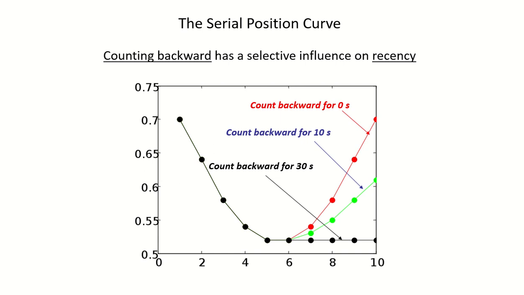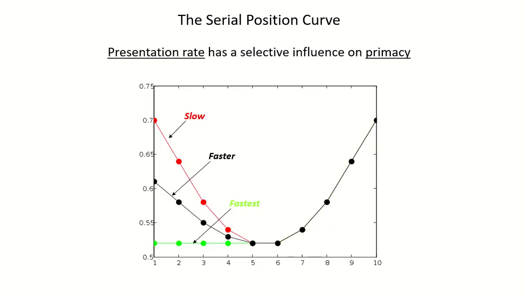Is there a way to selectively wipe out long-term memory? Yes, there is. So if you think about it, if you present the word list either slower or faster, if you present it slower, it would give people more time to repeat the words, making it more likely that they would make it to long-term memory. If you read the word list faster, the words would have less time to make it to long-term memory.